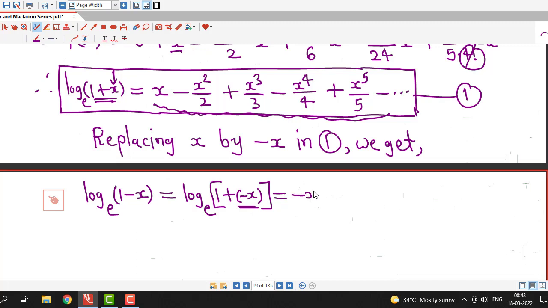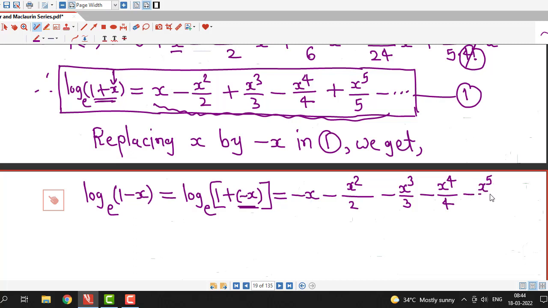So here on the right hand side I have to replace x by minus x. So here minus x as it is, square of minus x is x square, so we write x square. Cube of minus x is minus x cube, so here we will have negative sign. Similarly, fourth power of minus x is x raised to 4, so here we have minus x raised to 4 by 4, and fifth power of minus x is minus x raised to 5.